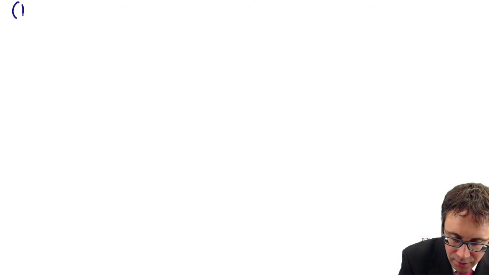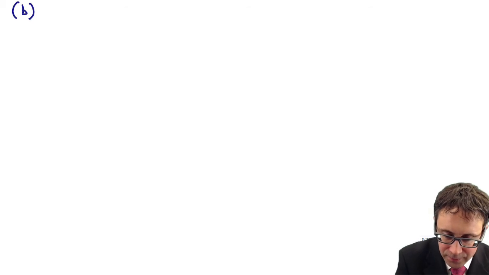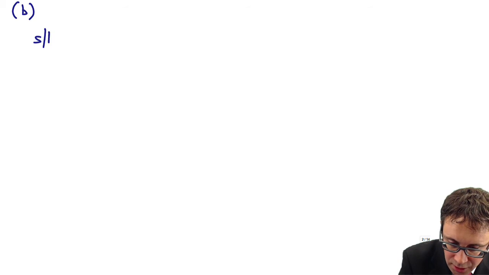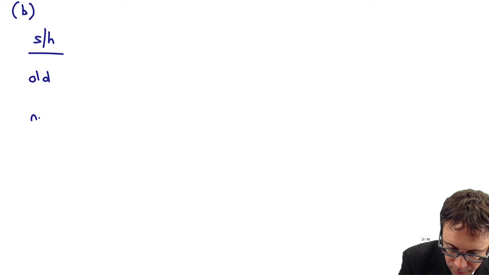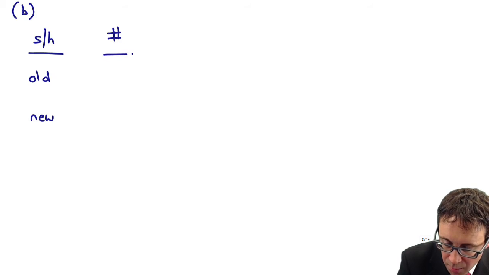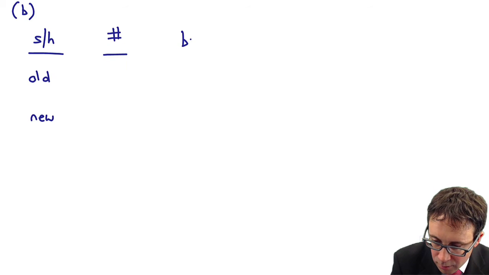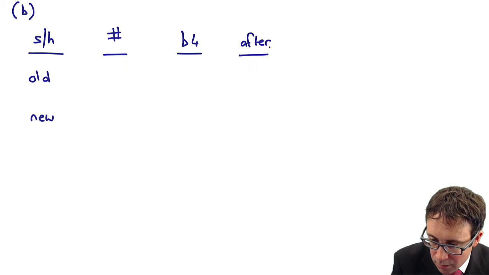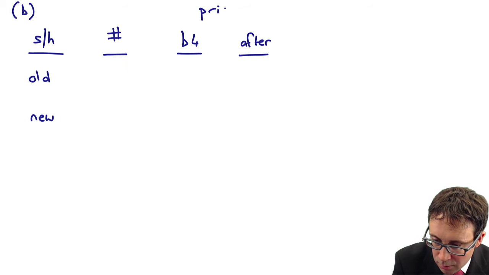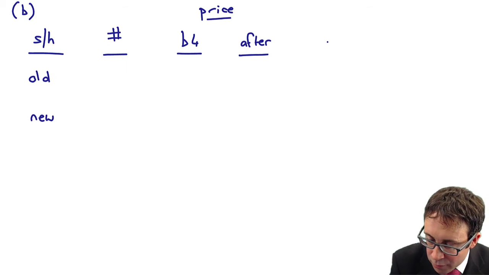let's draw up the same diagram. Okay, part B. So we've got my shareholders, the old, and the new. We've got the number. We've got the before price. We've got the after price.